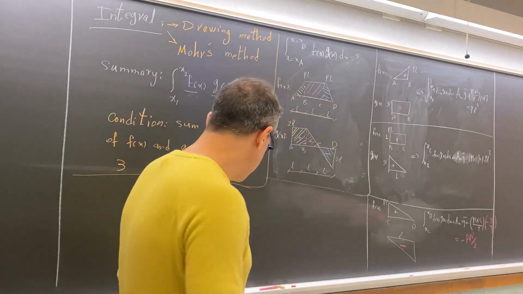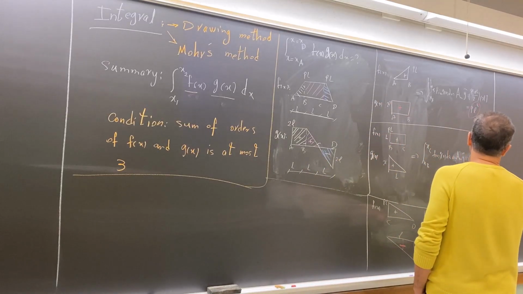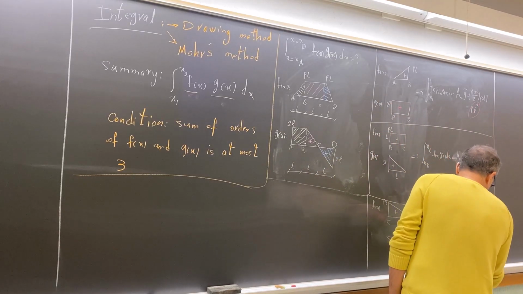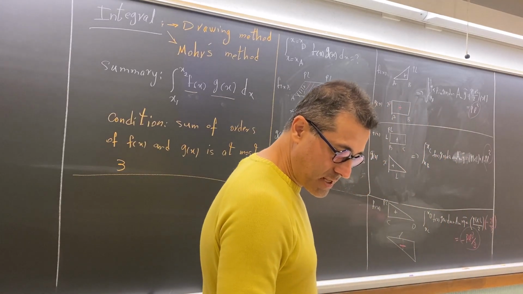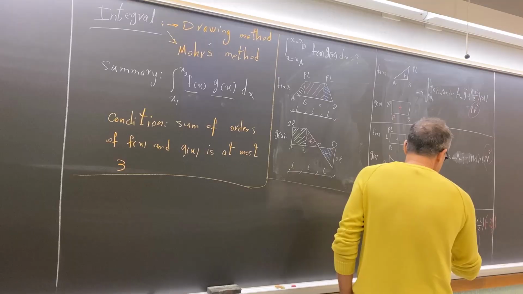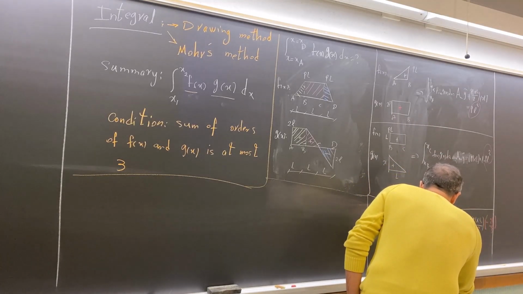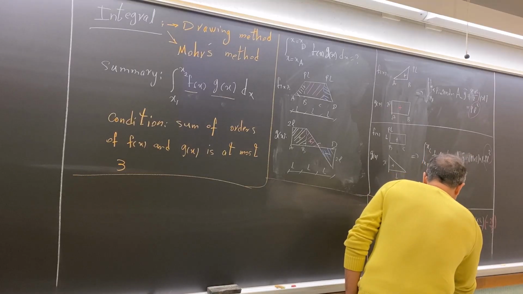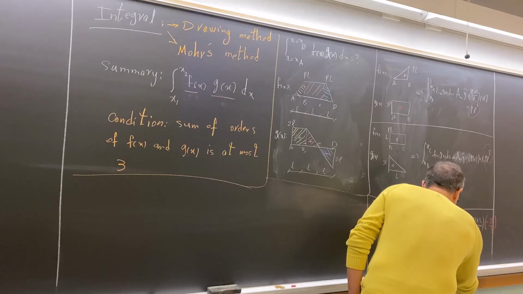And now we add them together. We have PL cubed, we have another PL cubed, we have negative PL cubed over 3. So we add them together. So I write it here: PL cubed plus PL cubed minus PL cubed over 3.